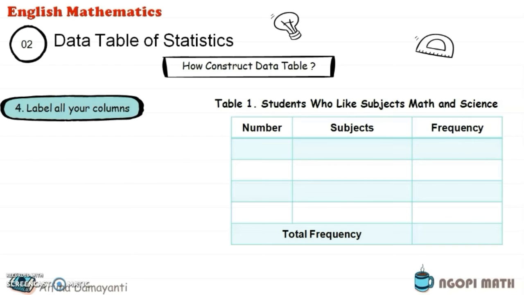So the independent variable will be subjects. The subjects are the independent variable. And then the next column will be labeled frequency. The last row is labeled total frequency. Total frequency is an optional label.